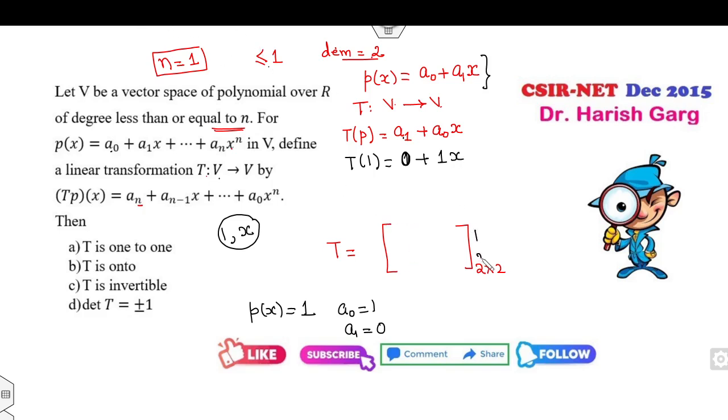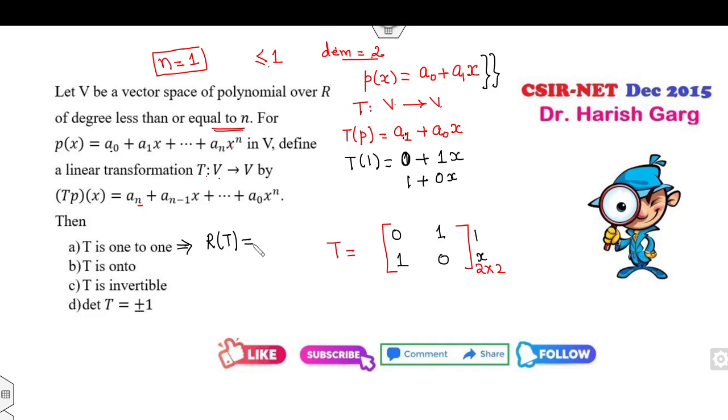Fine, this is 1, this is x. So constant is 0, coefficient of the x is 1. Second case, when you consider the second polynomial x, again compare with the help of the P(x). A0 is 0, A1 will be 1. So this is 1 plus 0x, 1, 0x. Fine.